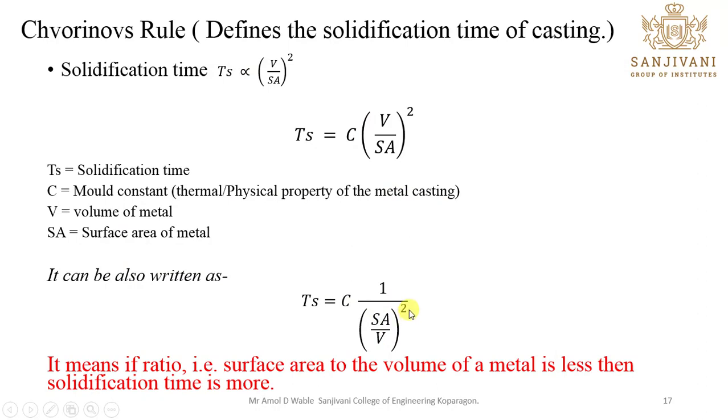Our requirement is that the solidification time of the riser should be more. If the surface area to volume ratio of your riser is less, then the solidification time of the riser will be more. So now you have to design the riser shape in such a way that the surface area to volume ratio is less.